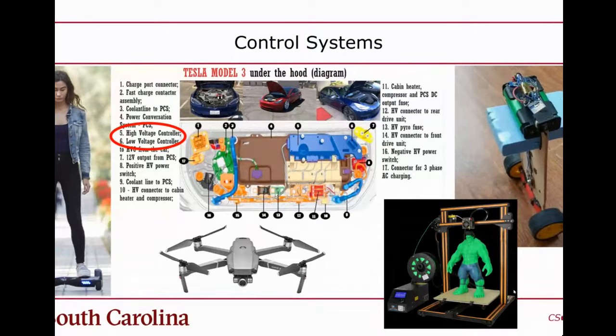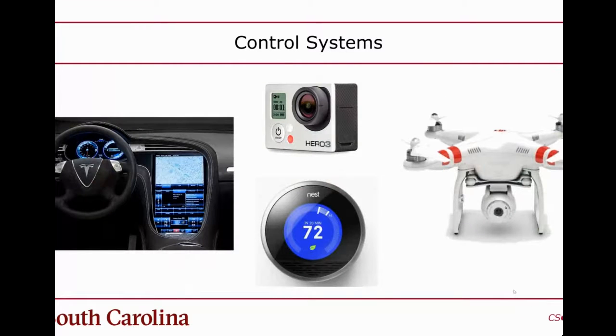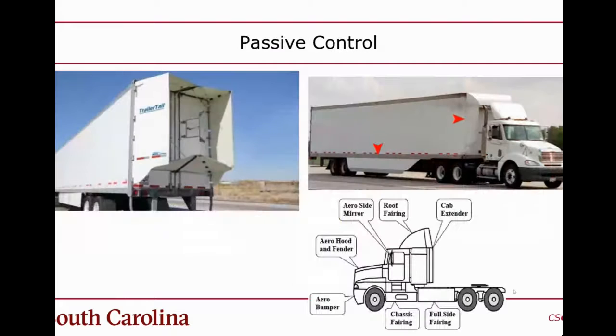So things like robots, drones, and DC to DC converters. There's also, of course, self-driving cars, cameras, and thermostats, like the smart thermostat, although that's a low-speed system.